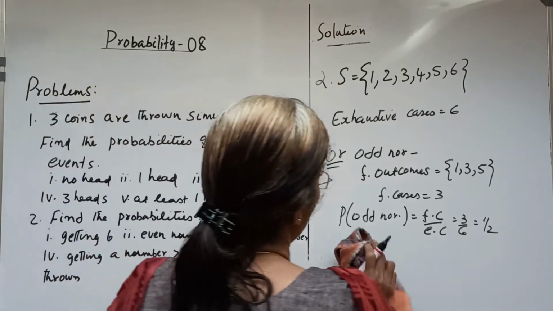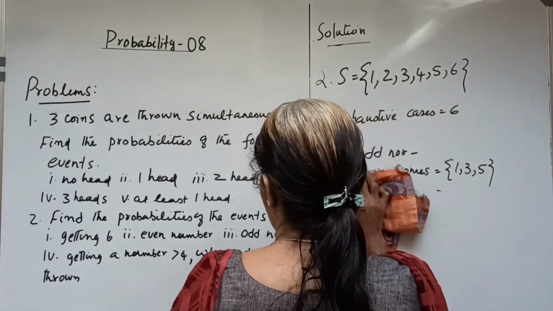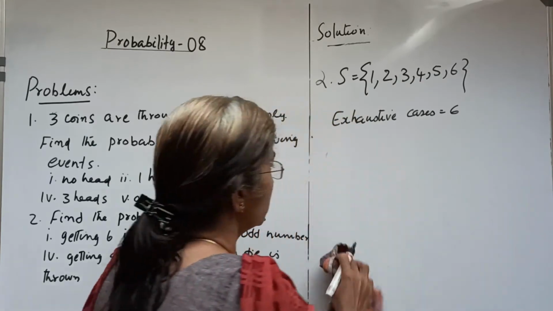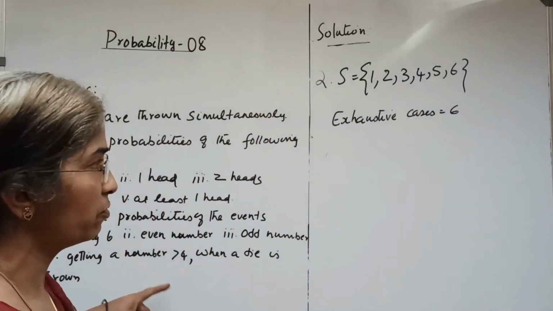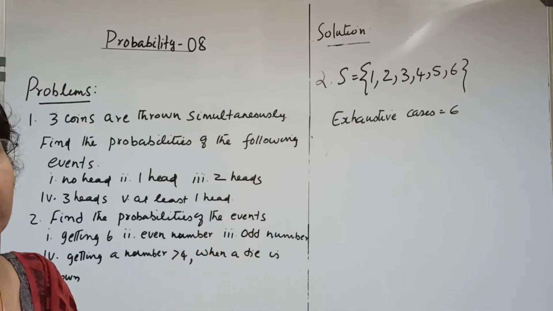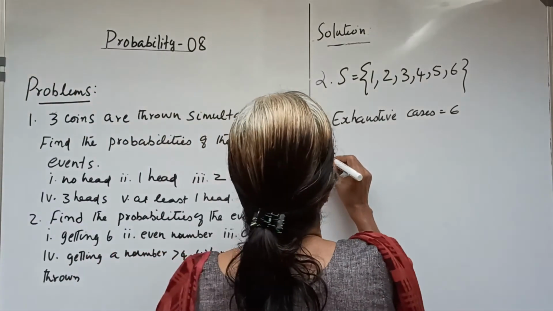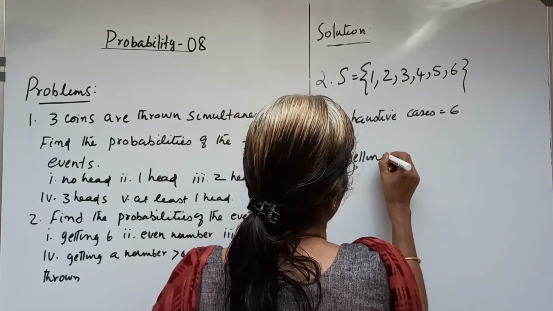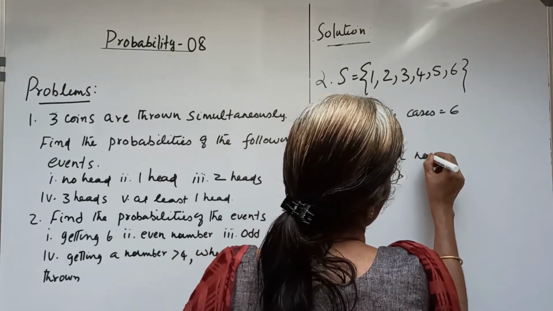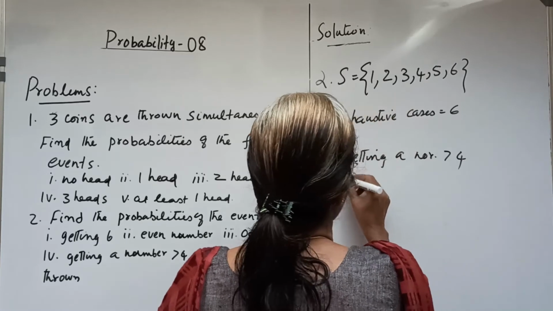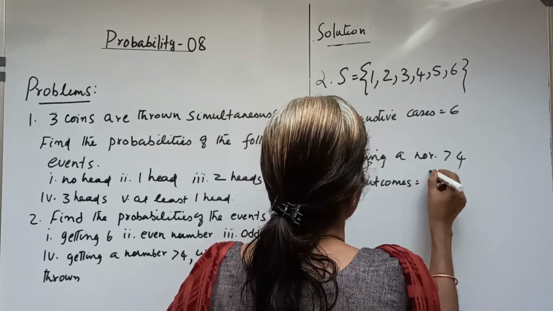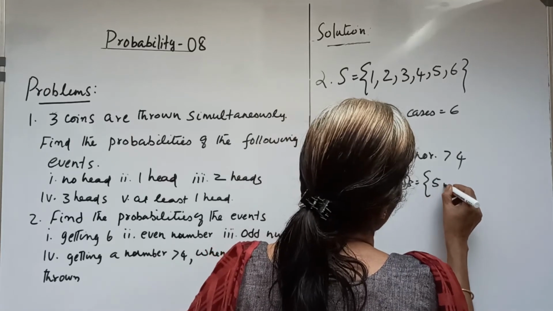Okay. Now the next part is getting a number greater than 4. Greater than 4 means not including 4, so the possible results are 5 and 6. The last one is getting a number greater than 4, that is, the favorable outcomes are the set 5 and 6.